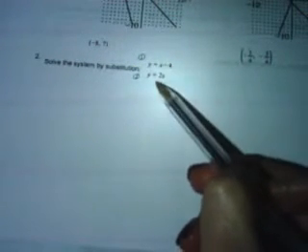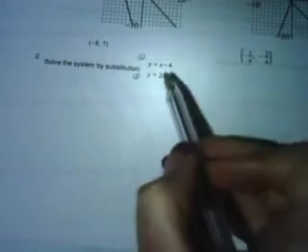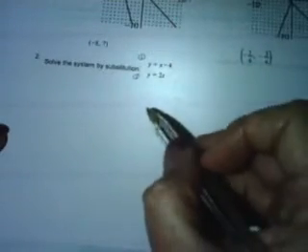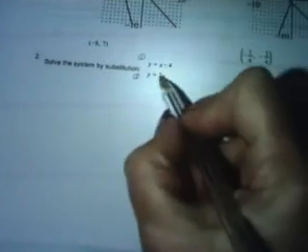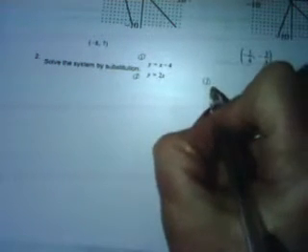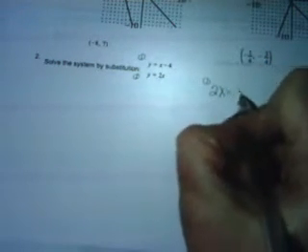So I can substitute this y into the second equation, or I could substitute this y into the first equation. Substitute the second one into the first? Okay. I know that y equals 2x, so on the first equation I'm going to have 2x equals x minus 4.